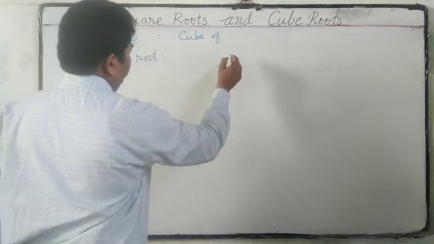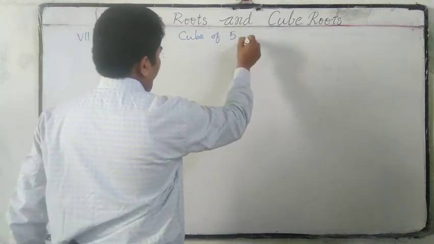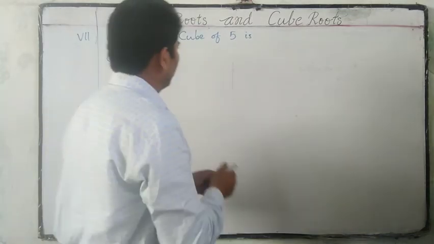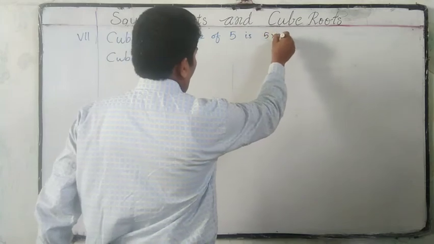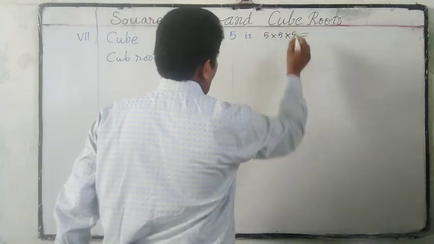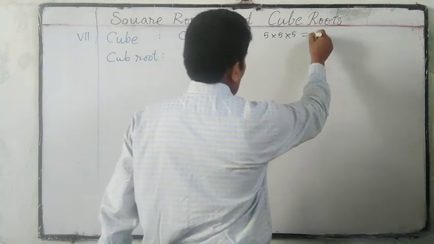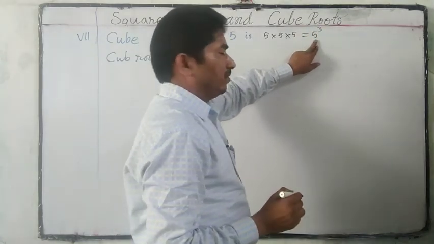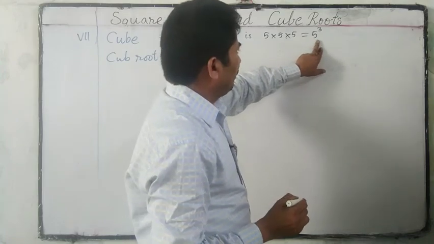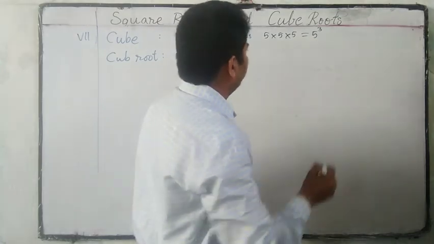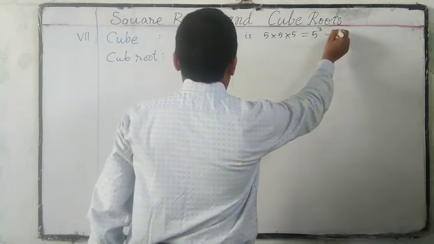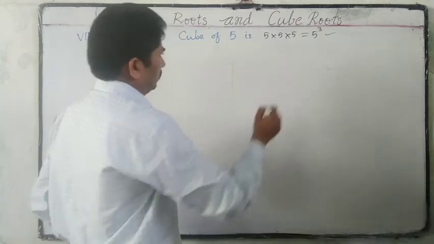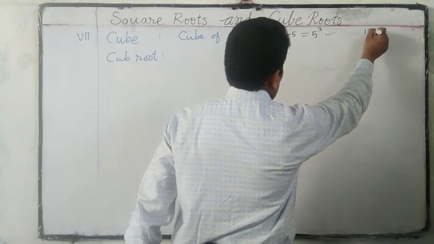Cube of 5 is 5 into 5 into 5, 3 times. Thrice means 3 times. 5 to the power of 3, read as 5 cubed or simply 5 cube. So this is the cube of 5. So the cube of 5 is 125.